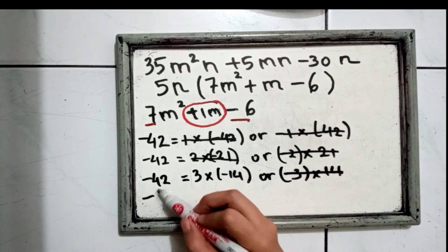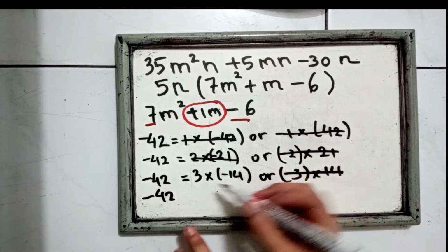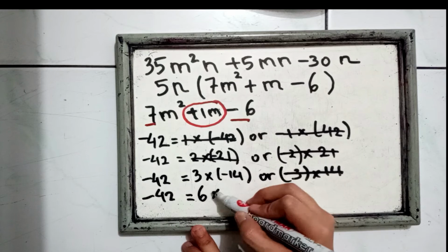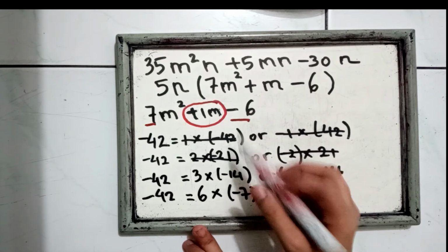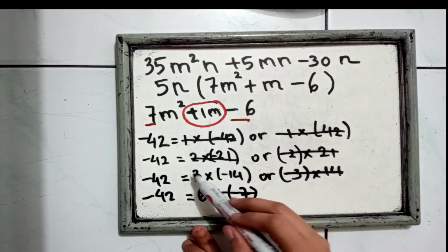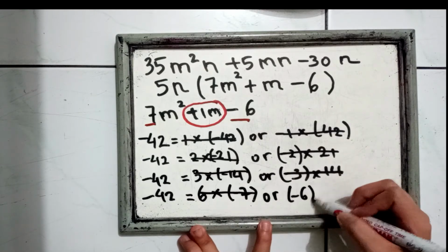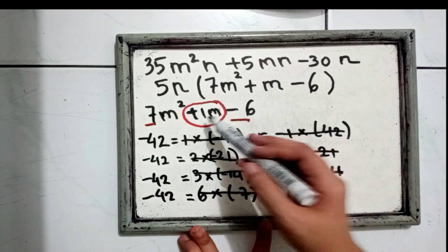Now, let's try again. 6 times negative 7. When you add this, is it 1? No, right? Try. Negative 6 times 7. Try to add this. Negative 6 plus 7, is it 1?